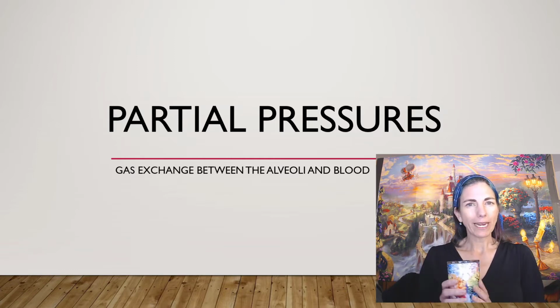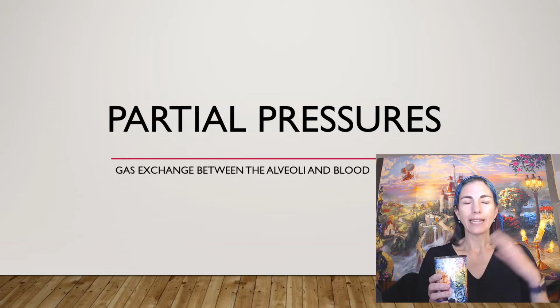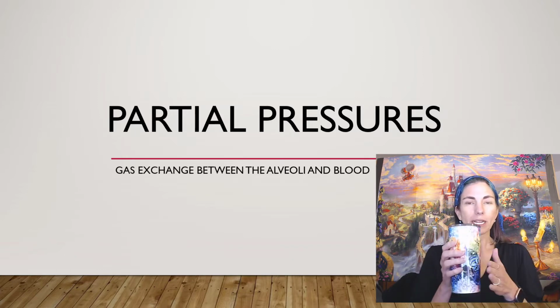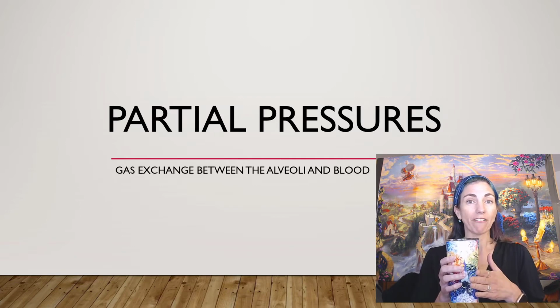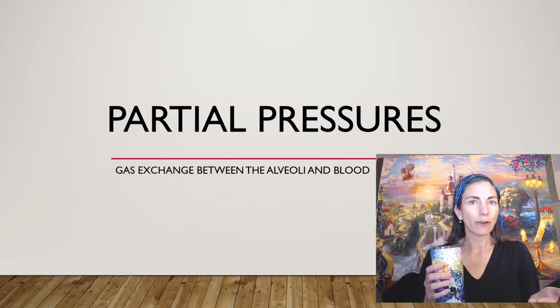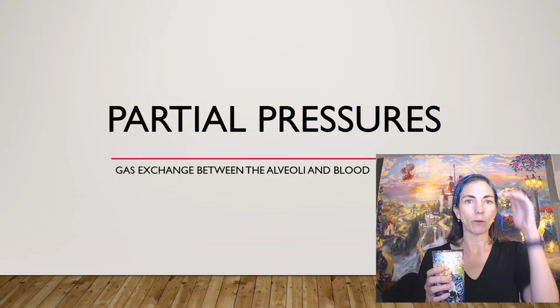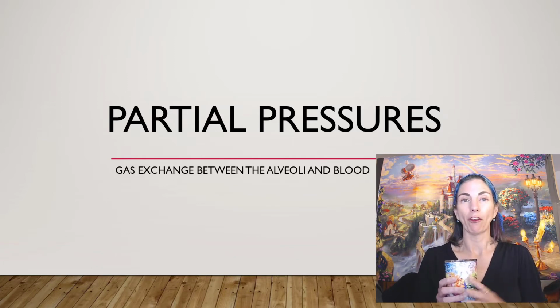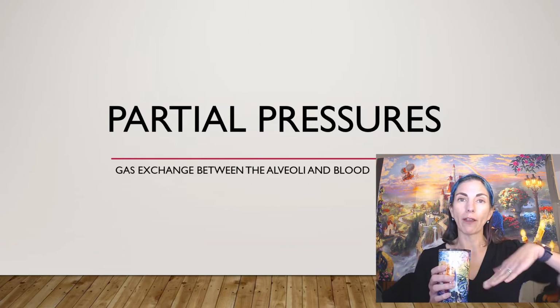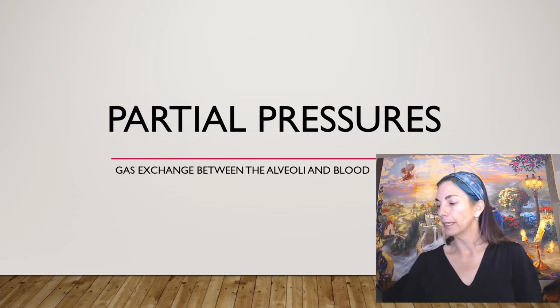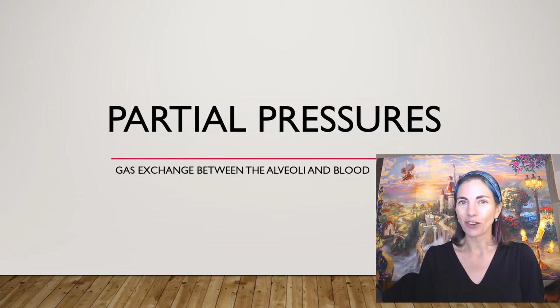But yet at some point they reach equilibrium. So I need to know, has the amount of oxygen here reached equilibrium with the oxygen in my fluid or in my blood, or is there a gradient that's still going to allow them to move one direction or another, from the alveolus to the blood or from the blood back up to the alveolus? And I can't use concentration gradients because the numbers are too different.